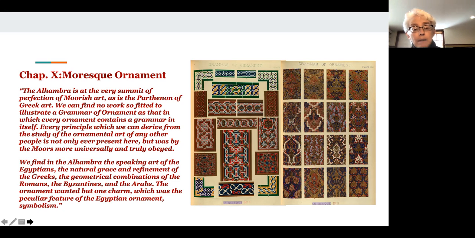We find in the Alhambra the speaking art of the Egyptians, the natural grace and refinement of the Greeks, the geometrical combinations of the Romans, the Byzantines, and the Arabs. The ornament wanted but one charm, which was the peculiar feature of the Egyptian ornament, symbolism. It's pretty high praise coming from Owen Jones for this work.